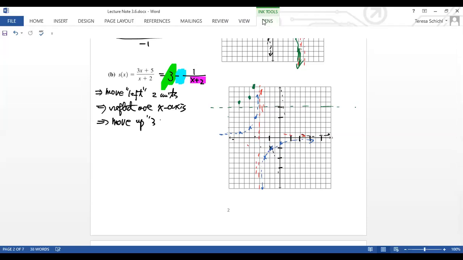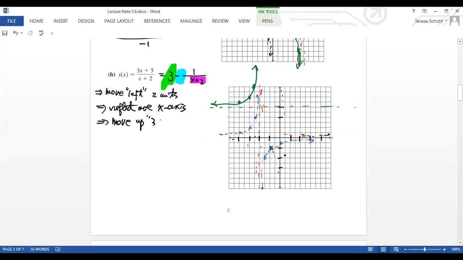All right, okay, so now in here, it's 1, 2, 3. Okay, so just make sure I have that. Okay, so now your green one is moving up 3. So now this is your final. Okay, so don't forget your x-axis asymptote, you need to move it up 3.